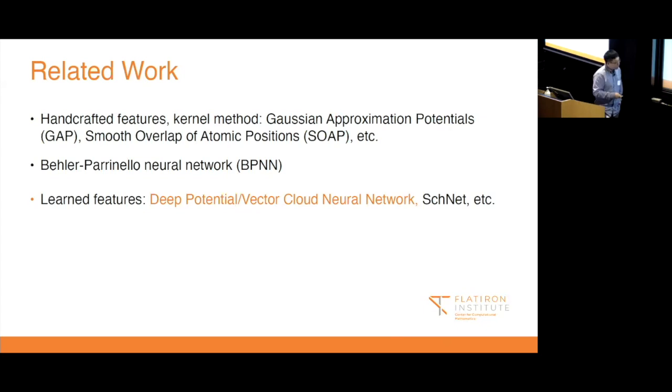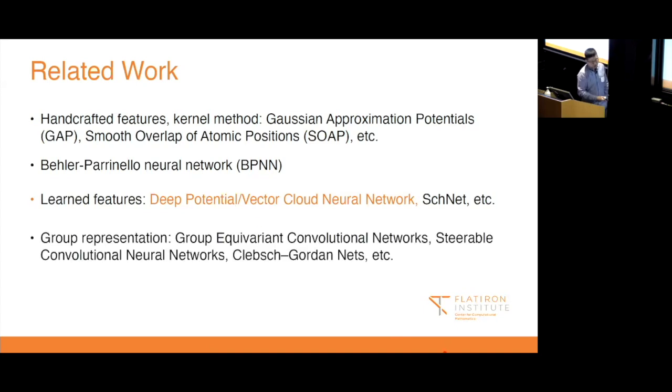There are a lot of neural network approaches in this line. Another line of research addressing similar problems is based on group representation theory. You can decompose, especially, the rotation group in either 2D or 3D with certain representations, and then introduce certain non-linearity to guarantee the expressiveness and the symmetry preserving properties.